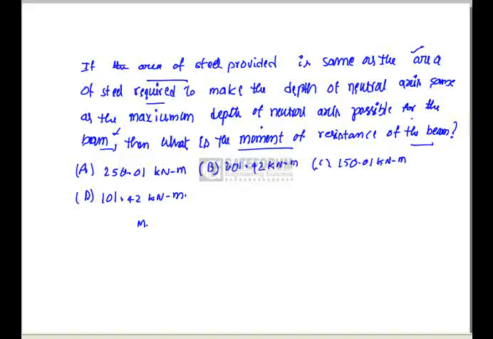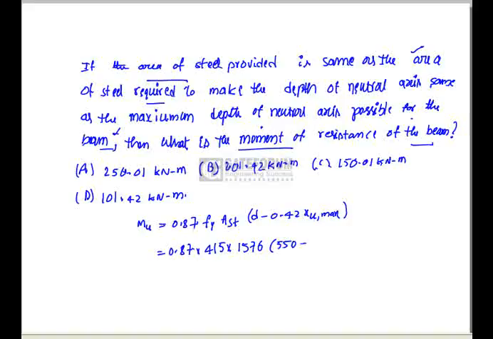So for a balanced section, the moment of resistance is given by 0.87 fy into Ast into d minus 0.42 xu max, that is equal to 0.87 fy, we know 415, into area of steel required from the previous question 1576 mm square, into d effective depth 550 minus 0.42 xu max, that is 263.45 from the previous question.